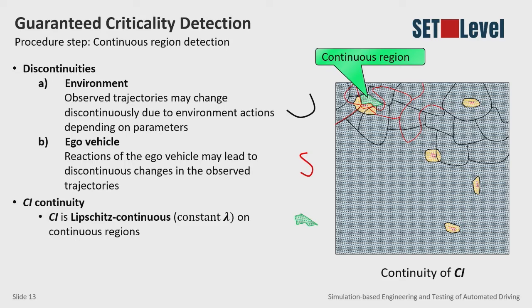Well, following the strategy, know thy enemy, we identify them. So we look at all these potential sources of discontinuities and we measure them. One thing is in the scenario description where traffic participants make a decision causing a discontinuity, we have a handle on that because we can see the triggers which let our agents change their decision. At least I assume that here, in the scenario definition, I can see where there are discrete decisions taken by the other traffic participants.